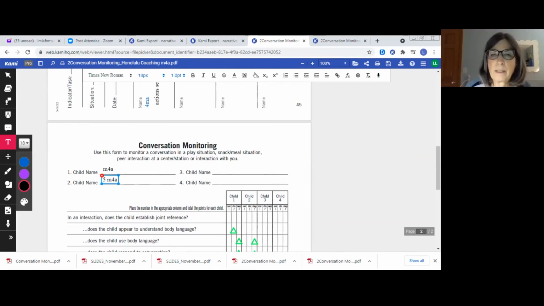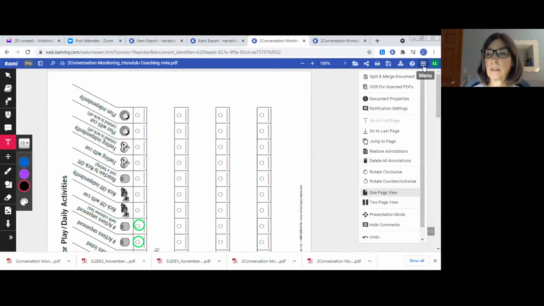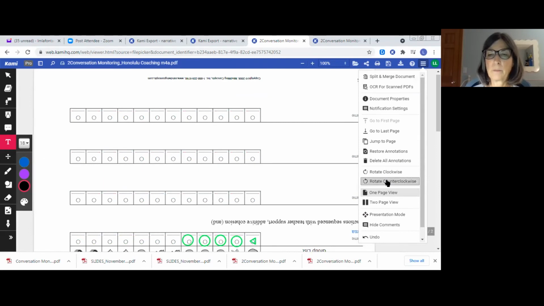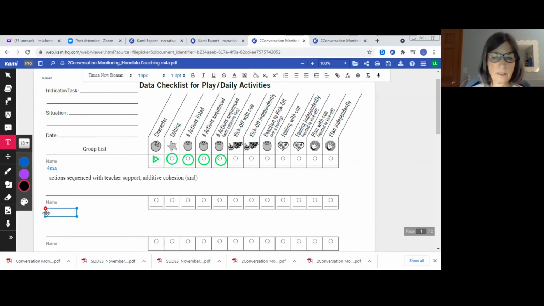And if we went back up to this form, the other child could just as easily be documented on this one. I think I'm going the wrong way here, but here we go. You could put another text box down here, and it could be a black one, and that child was number 5, M4A was his recording.